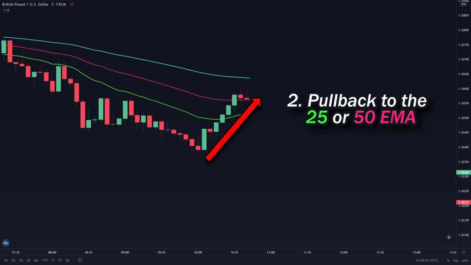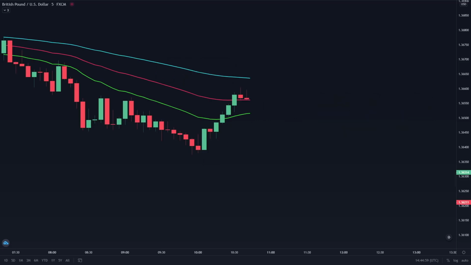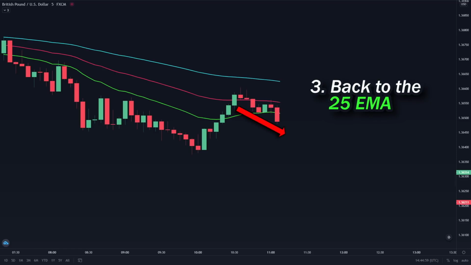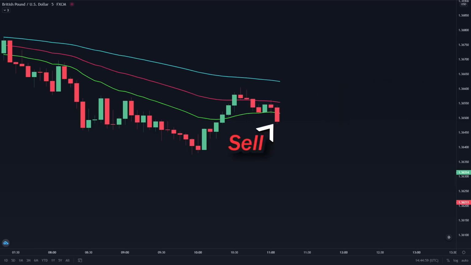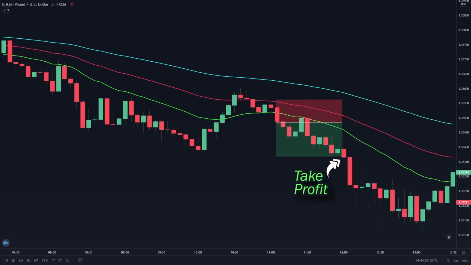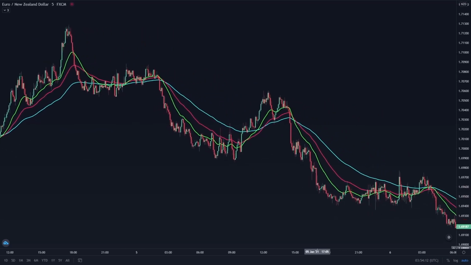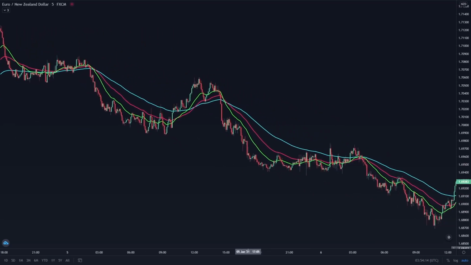So once the pullback happens, we wait for the price to go back to the 25 EMA again. And when it does, you take a sell position here. Next, we set our profit target and stop loss here. And as you can see, the price hit our profit target, and this would have been a very successful trade. So that is how you trade the triple EMA scalping strategy.